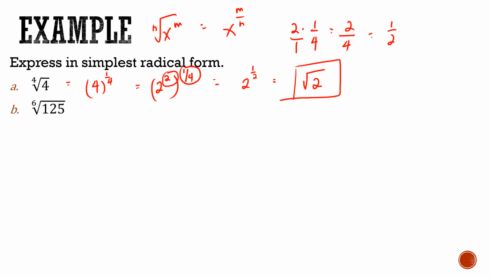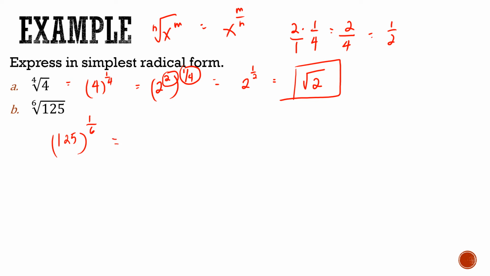Next is the sixth root of 125. Same procedure will be applied. Let's transform first the sixth root of 125 into a rational exponent. So we can write this as 125 raised to 1 over 6. 125 is not a perfect square number, but 125 is a perfect cube number, since there is a number which, when you multiply it by itself 3 times, the answer is 125, and that is 5.